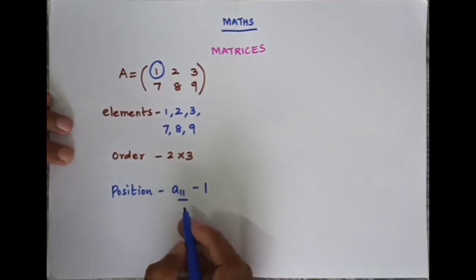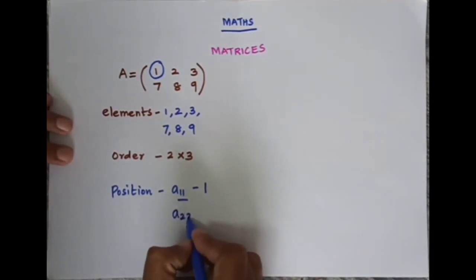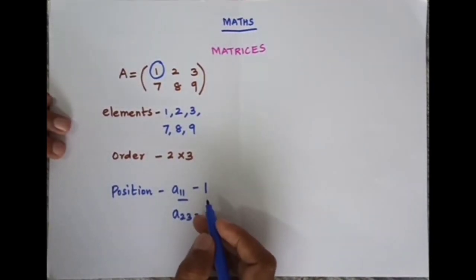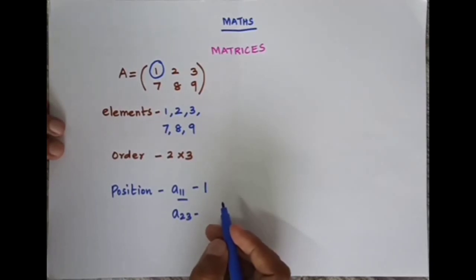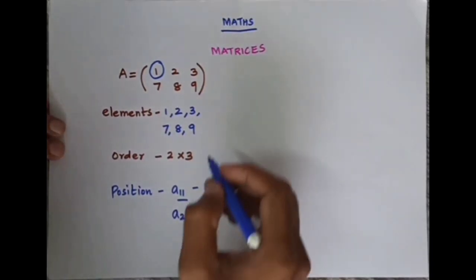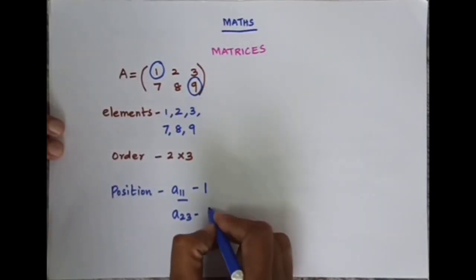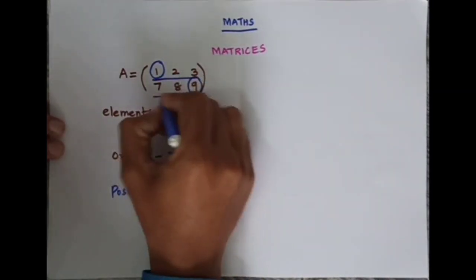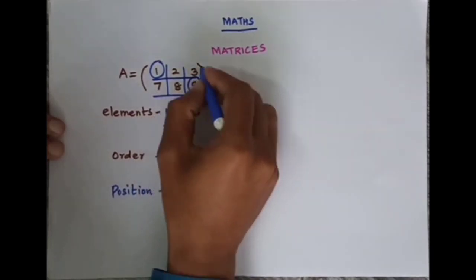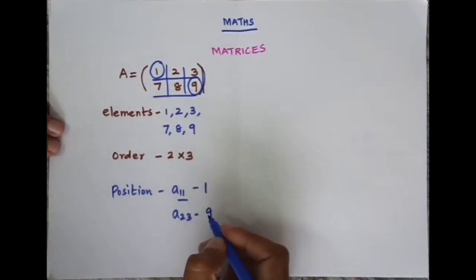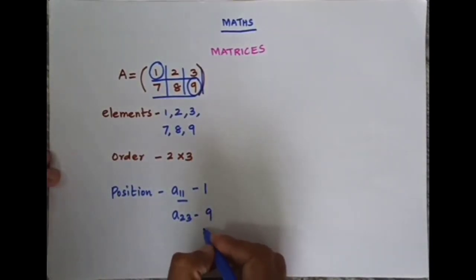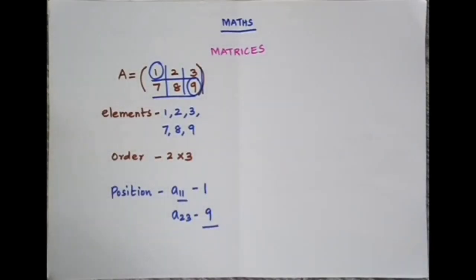Likewise, A23 element is 9, second row, third column. So A23 element is 9.